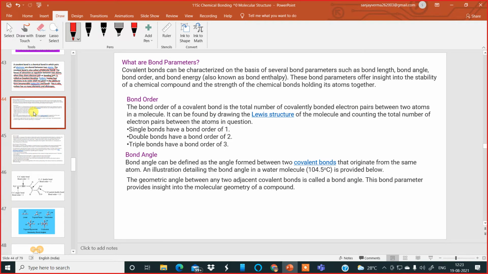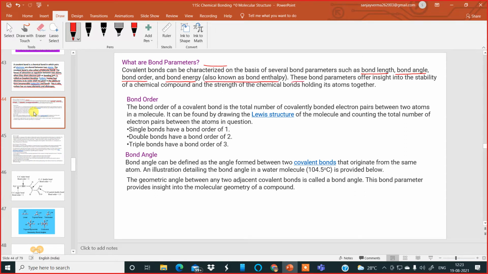Moving to the next slide, let's understand the bond parameters. Bond parameters are points with the help of which we can understand the different attributes related to bonds. Covalent bonds can be characterized on the basis of several bond parameters: bond length, bond angle, bond order, and bond energy, also known as bond enthalpy.